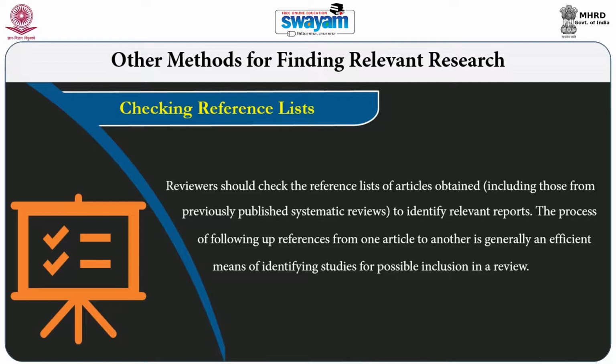Also, it's sometimes better to go for review articles, because review articles are basically a review of other literature already published in that specific subject area. So you can look for the review articles and check from them the articles that are relevant to your research question.